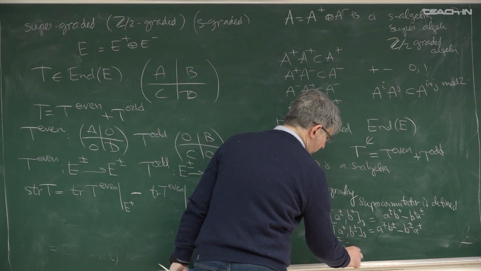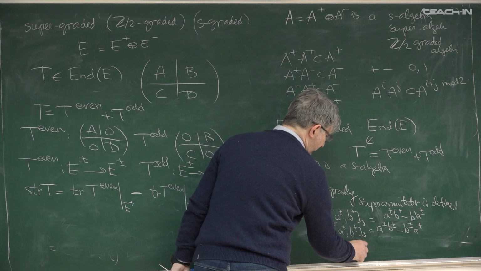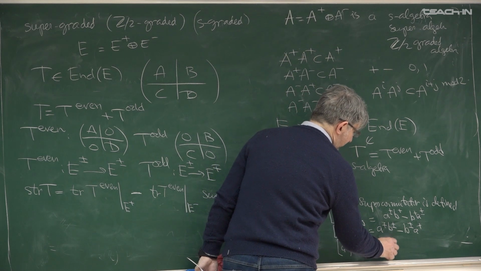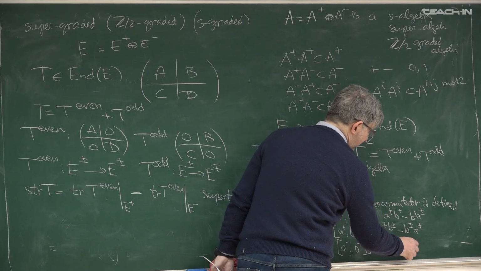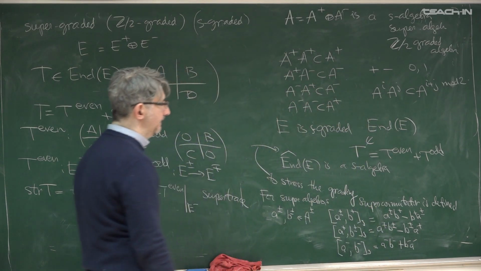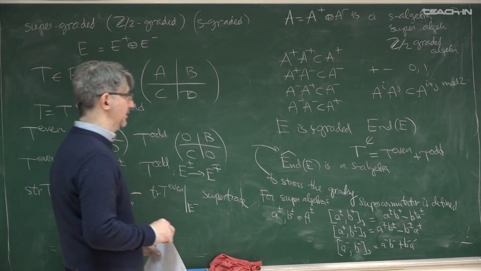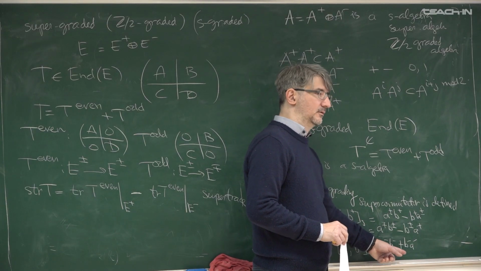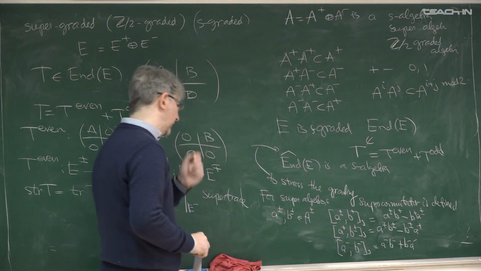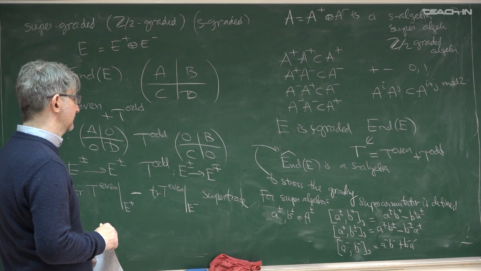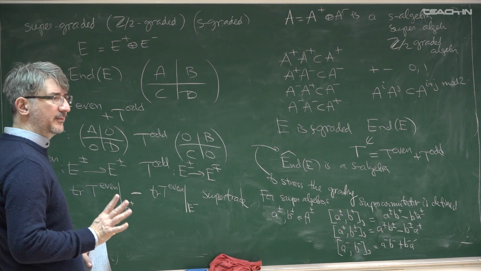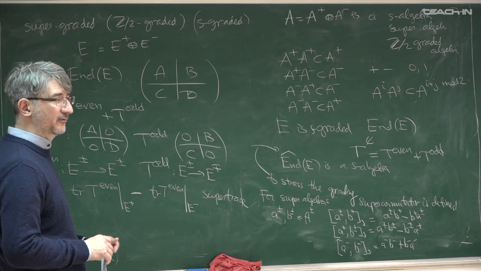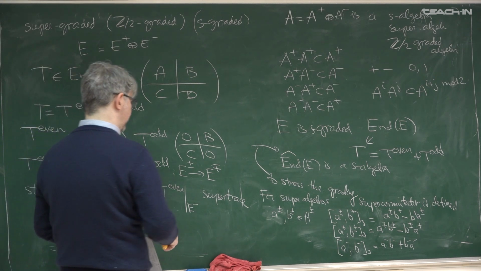If you take the supercommutator of A minus and B minus, it will be A minus B minus plus B minus A minus. The only small difference is in this place. The supercommutator knows about this sign. It should be minus here. Those of you who are familiar with homological algebra can write one formula for all three formulas.